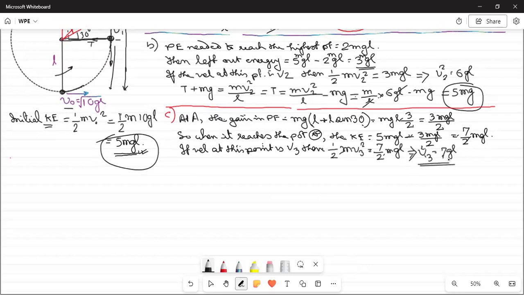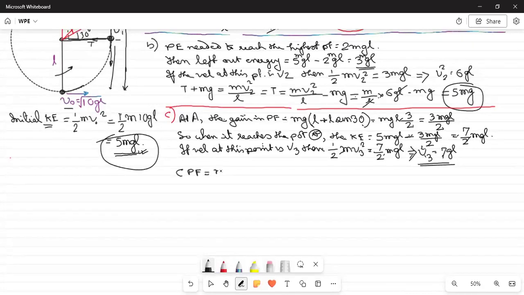In the similar fashion, centripetal force here at this time is equal to mv square by r.